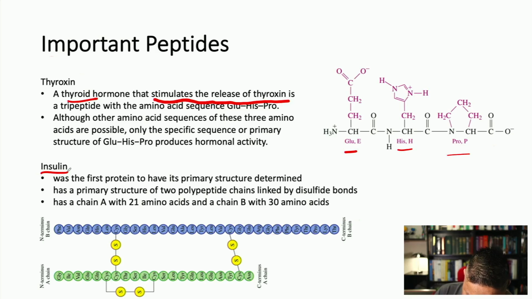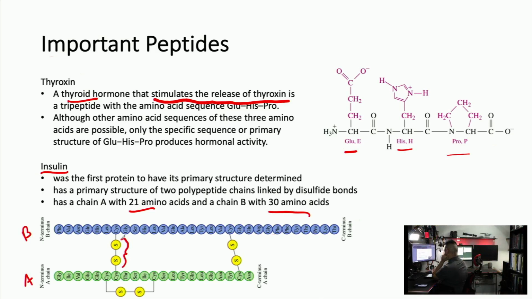It's got two chains in it, an A chain and a B chain, right? And the A chain has 21 amino acids in it, and the B chain has 30 amino acids in it, right? And you can see here that they're being held together by these things here. I was telling you about these before because my boss's boss was the one that used dithiothreitol to reduce those.